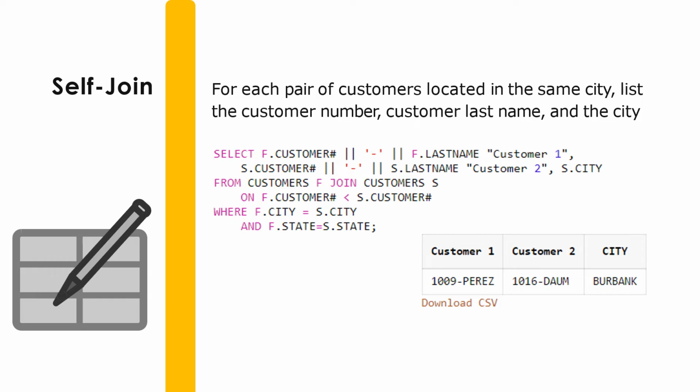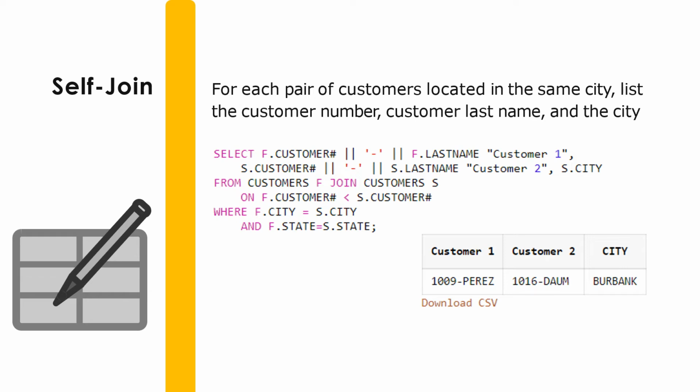Let's take a look at another example of self-join, but this time using a non-equality condition. In here, we would like to list the customer number, the customer last name, and the city for each pair of customers located in the same city. In here, we are joining customers by itself and we are using F and S as our table aliases.